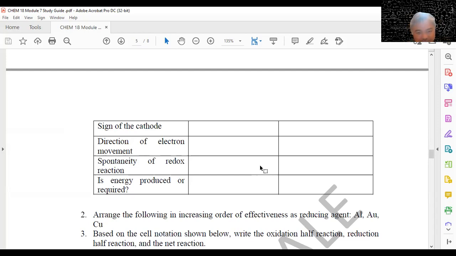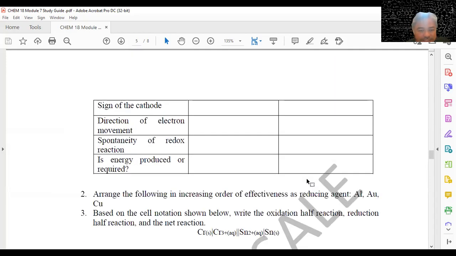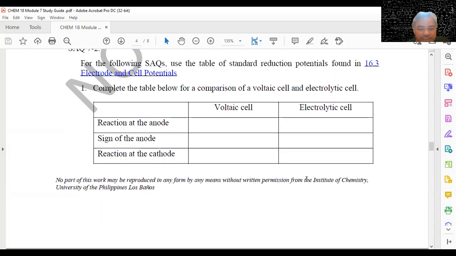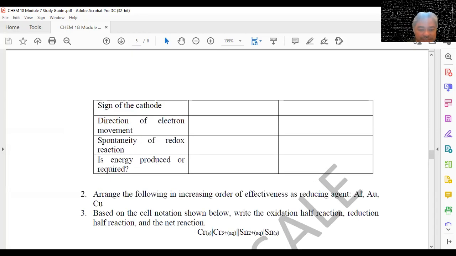And the difference between the two: in the voltaic cell, the reaction is spontaneous. In electrolytic cell, the reaction is non-spontaneous. And in terms of energy, you produce energy in your voltaic cell, while in your electrolytic cell, energy is required, or you use energy.